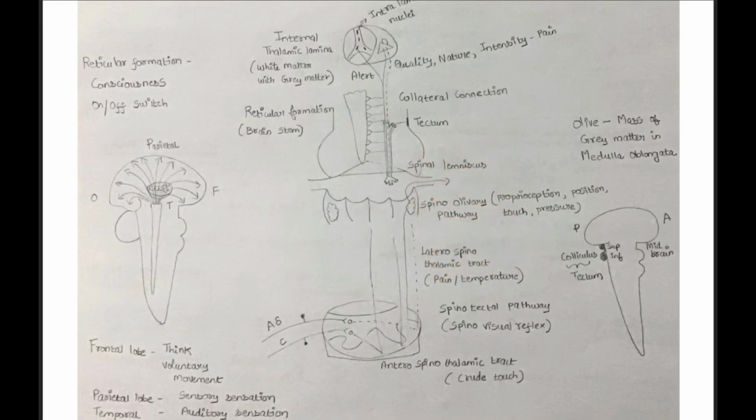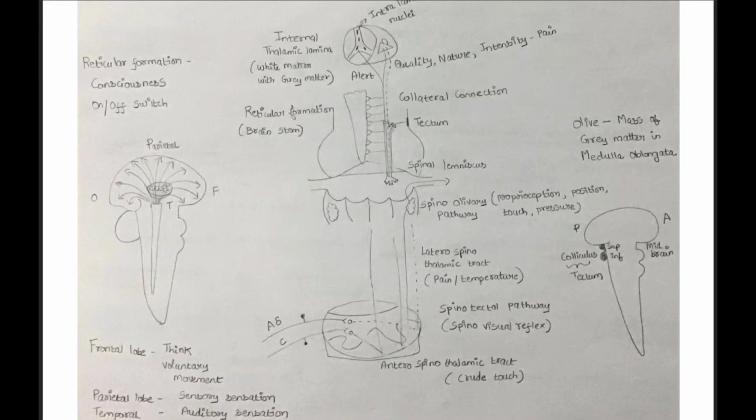Let us see the function of the different tracts. The anterior spinothalamic tract, the function is crude touch. What is crude touch? Crude touch means if you touch someone with the palm of your hand, you will feel the sensation all over the hand.